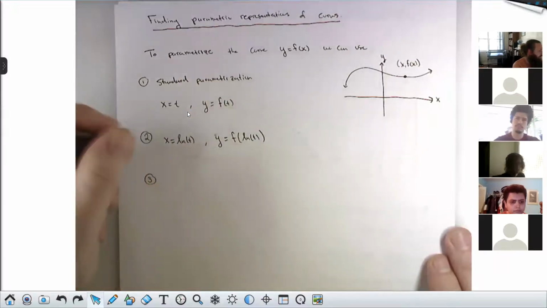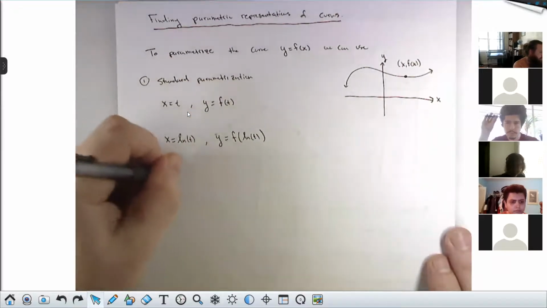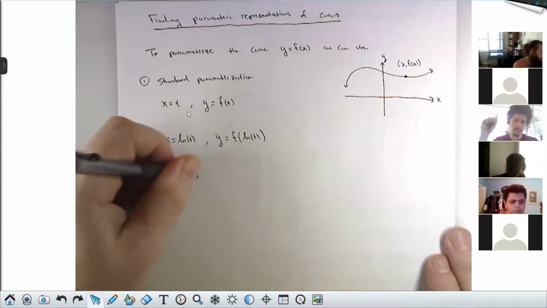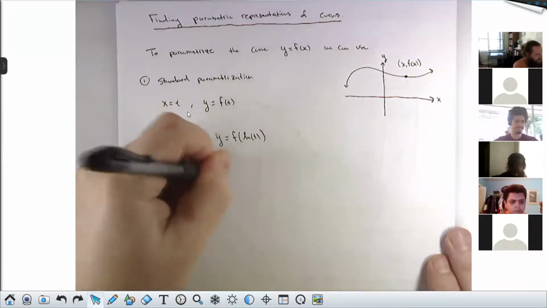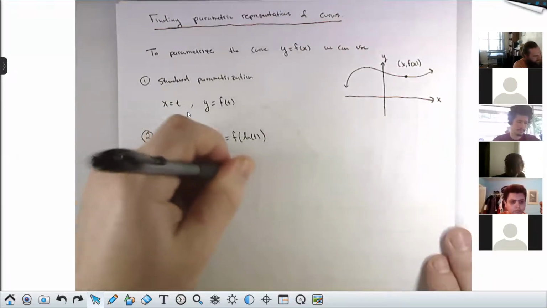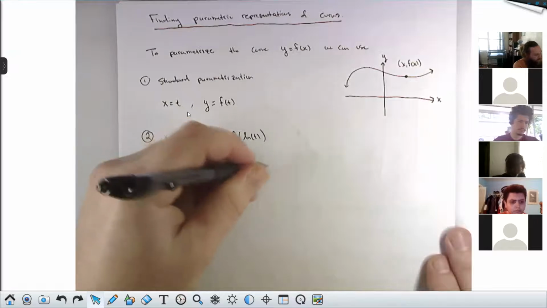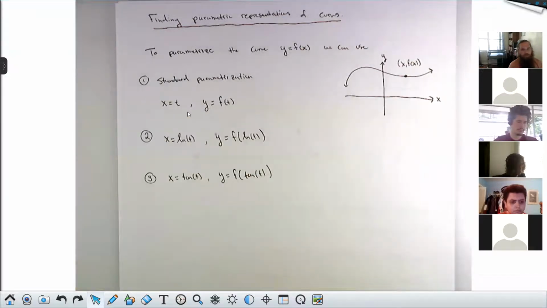Or you could use, I don't know, x equals the tangent of t and y equals f of the tangent of t. There's lots and lots of ways to do this. You just need to make sure that the outputs from your choice for the function x, whether you choose x equals t, ln of t, tangent of t, match up with the x values you want on your graph.